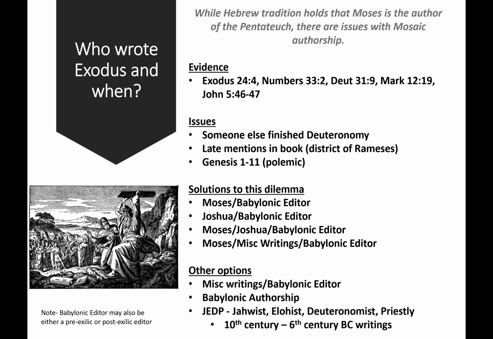None of these is claimed to be Moses, but four different authors between the 10th century and the 6th century wrote pieces of material, and then a later editor put these all together to form what we have today. I think there are lots of flaws with this view, but it is a very popular view amongst those who don't believe that Moses is the author.